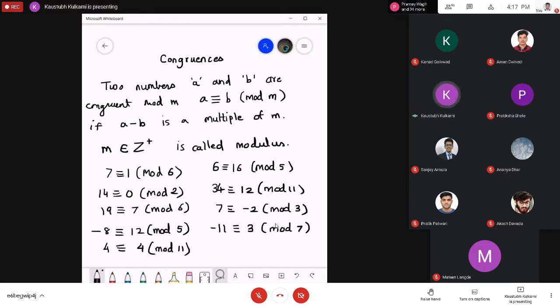Just go through these examples and make sure you get a feel of this operation, basically.